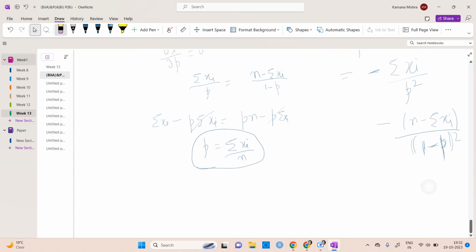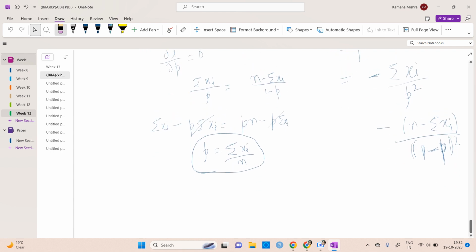Now you can see p is summation xi over n, so you can put summation xi as pn. So it is pn by p square minus n minus pn by 1 minus p square.